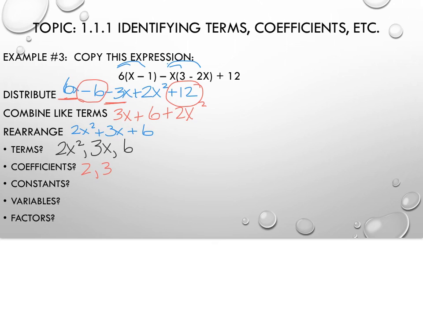The constant, which is without being attached to a variable, is 6. My variable is x, and my factors are 2 times x, 3 times x, and 2 times 3. Looks pretty good.